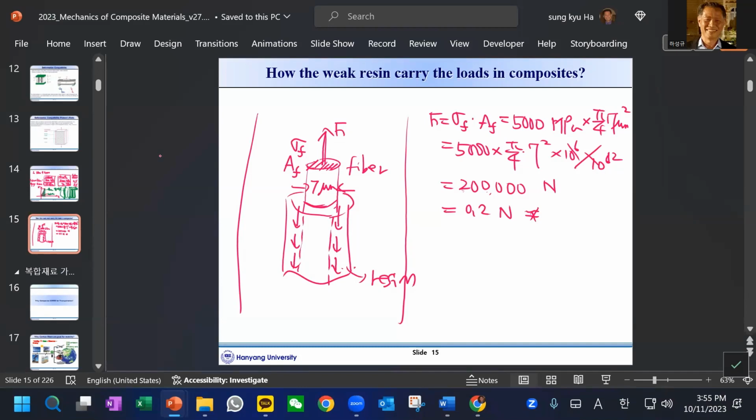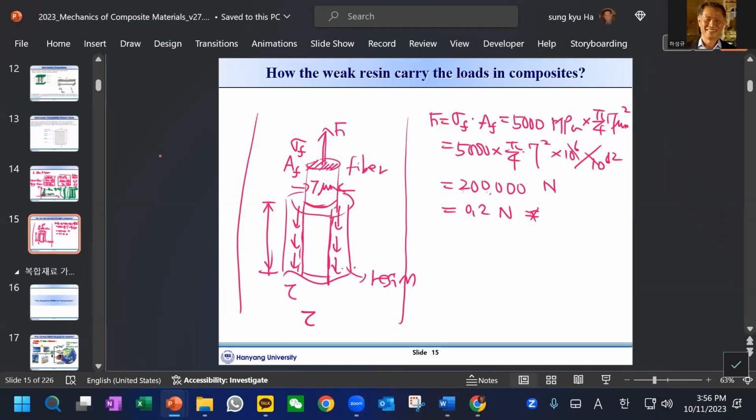But the point here is that the fiber and resin are bonded, and now all the load, this much load, is carried by the resin system. Now, let's consider this length. The point here is this is all carried by the shear load, shear stress.